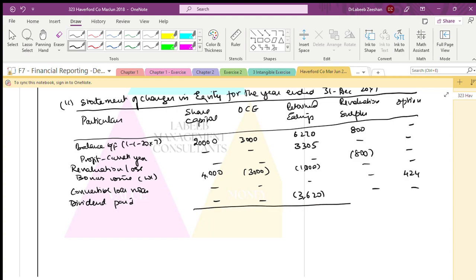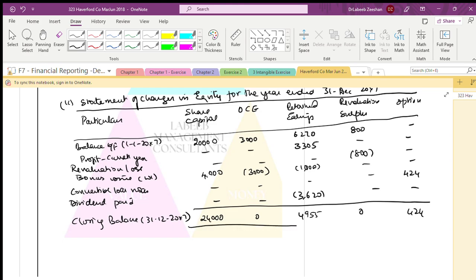If you put the things together, you will get the closing balance: 24,000, then 0, then 4955, which has come to 0, and 424.